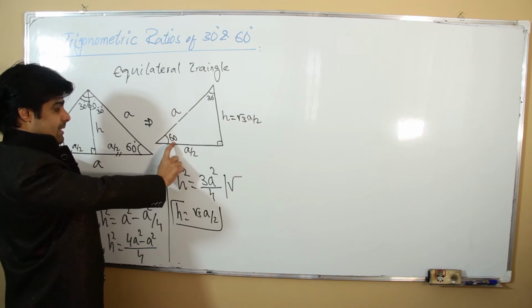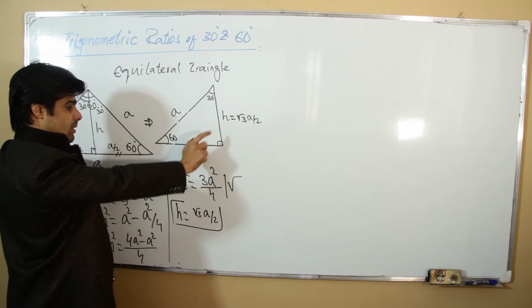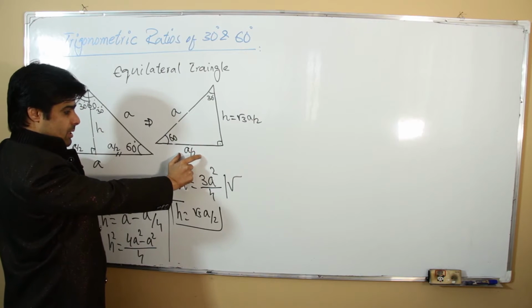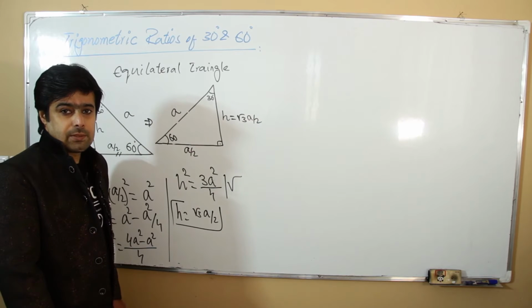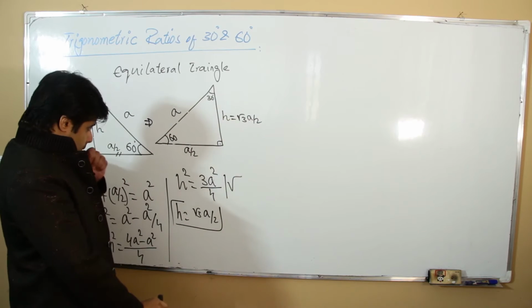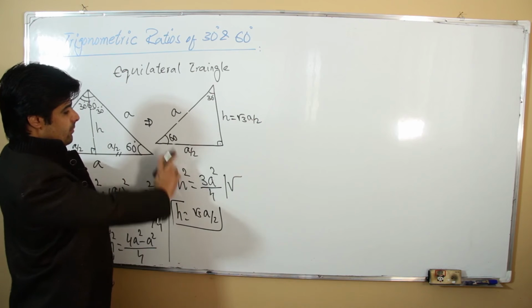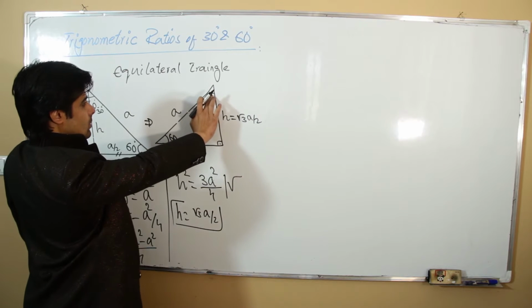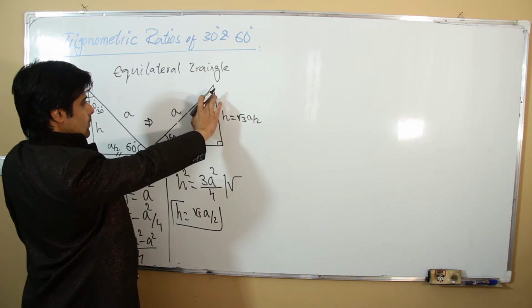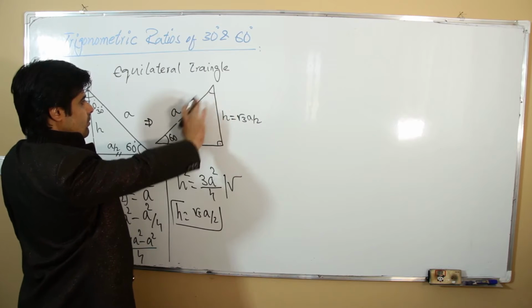If you want to define 60, this is your opposite side, this one is your adjacent, and this one is your hypotenuse. So, we will define 60 first. This one is not considered here right now.